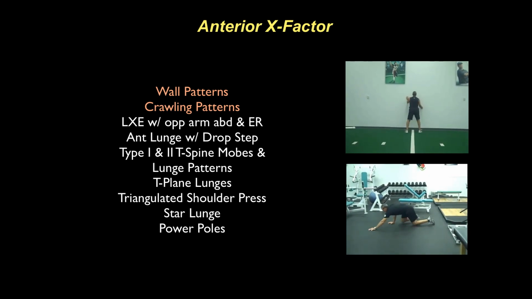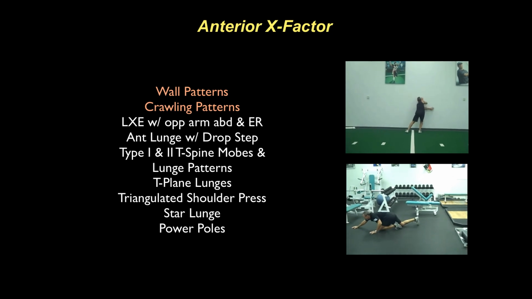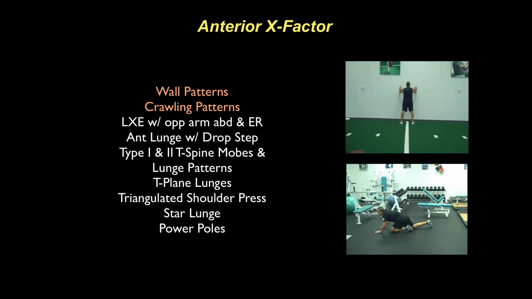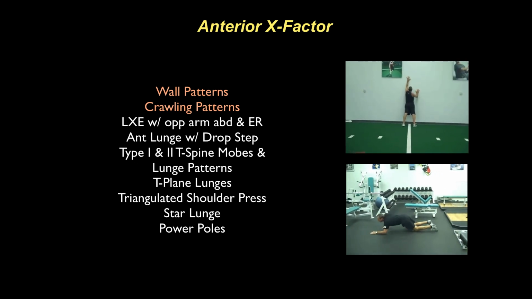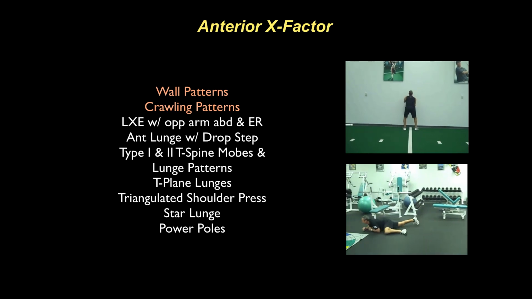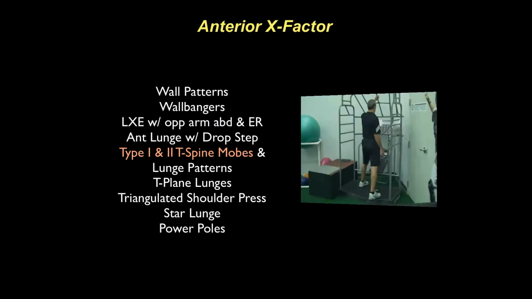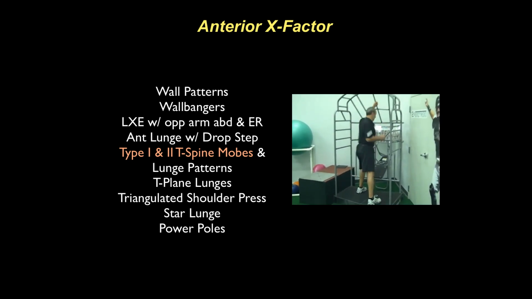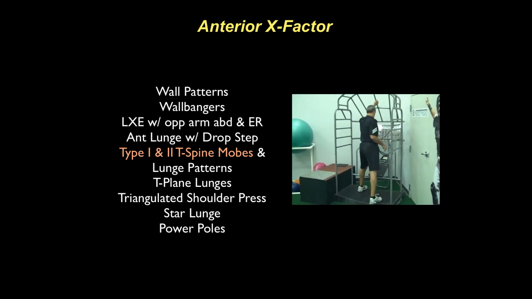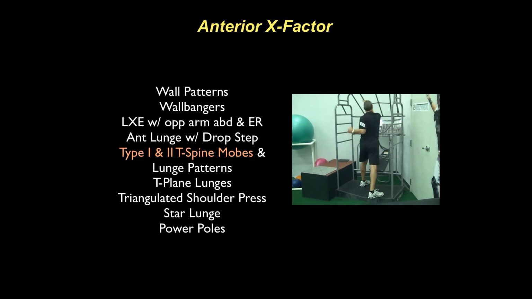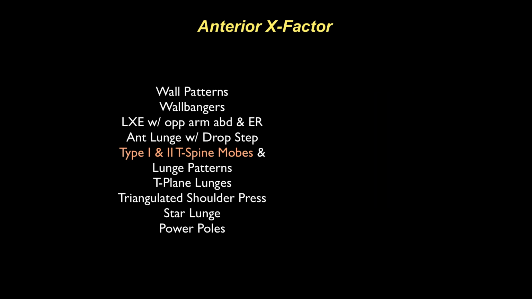The crawling patterns and the wall patterns have been discussed earlier for all three planes of motion, but now envision how the tissue is reacting through the anterior and posterior X factors. Type 1 and Type 2 thoracic spine mobilization will enhance anterior and posterior X factor motions.